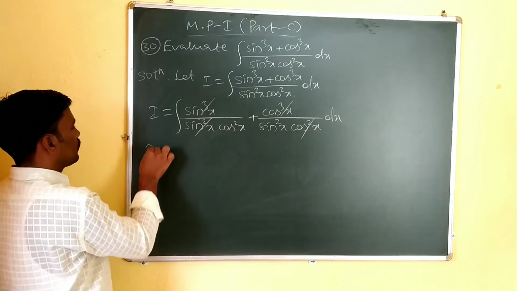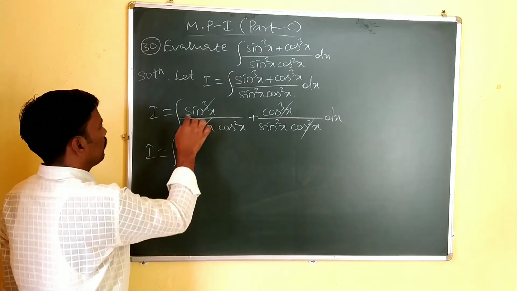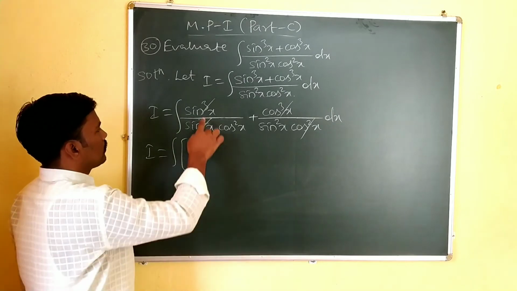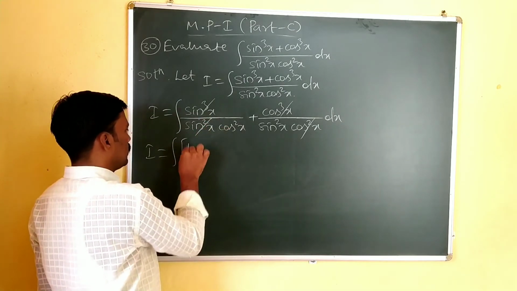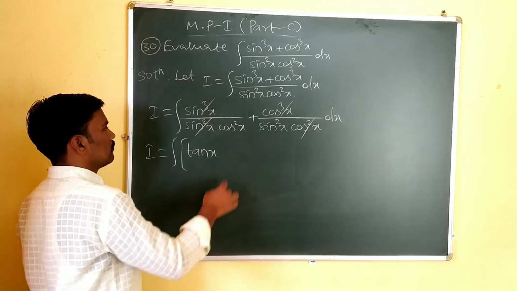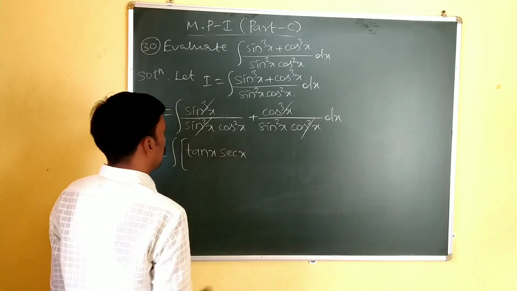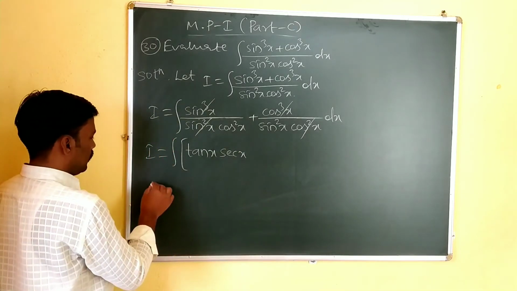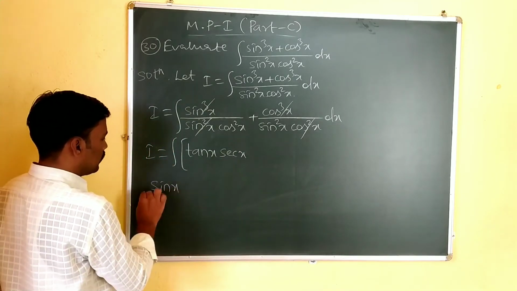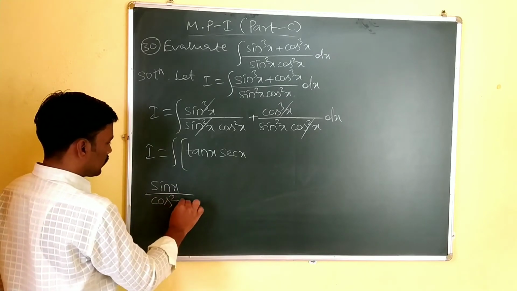And then I is equal to integration of, I am left with sin x in the numerator, so sin by cos, which is tan x, into 1 by cos, which is nothing but sec x, tan x into sec x. Let me show this. Sin x by the remaining term in the denominator, cos square x.